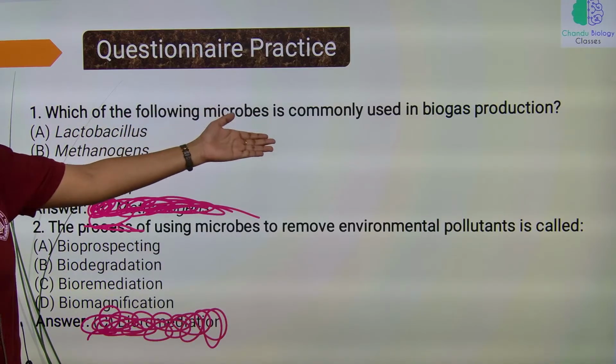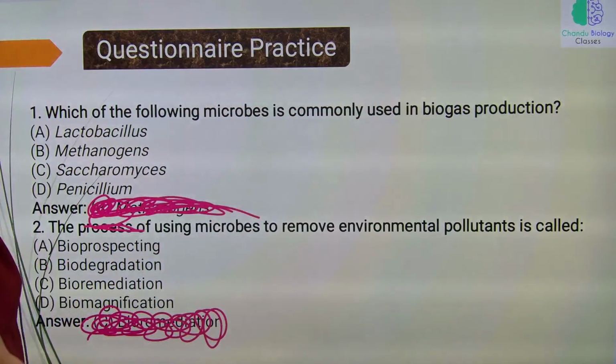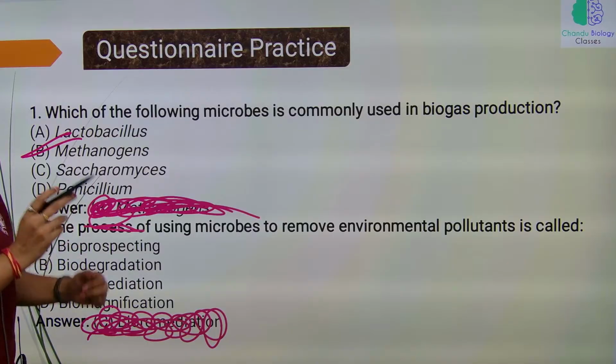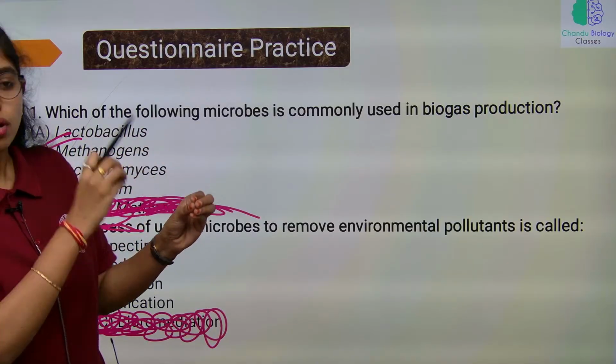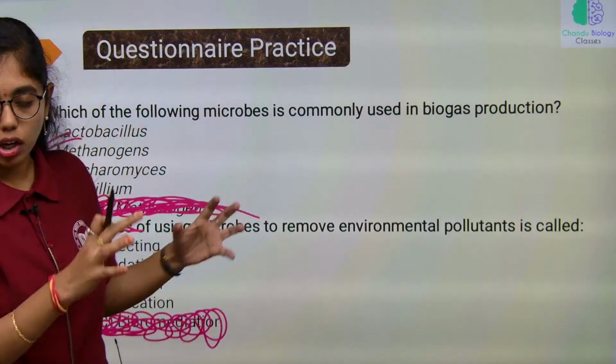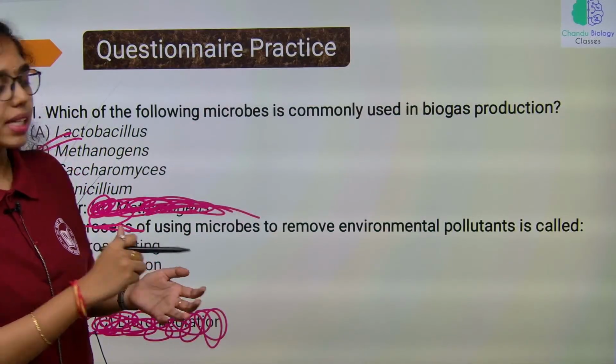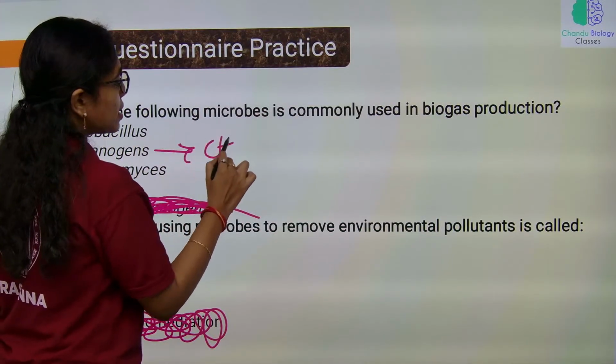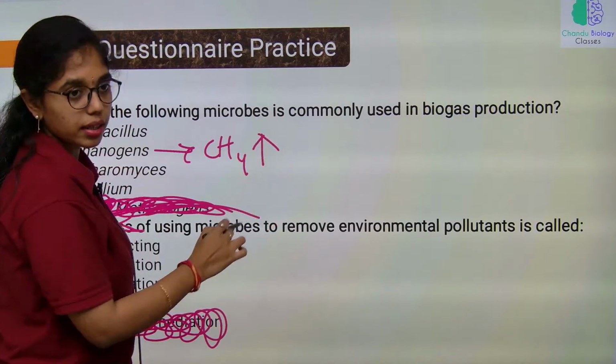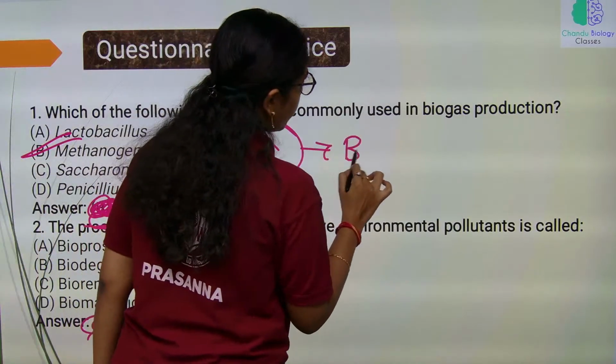Which of the following microbes is commonly used in biogas production? Methanogens, which oxidize the organic materials, and methane is released as the product. This methane will be utilized as biogas.